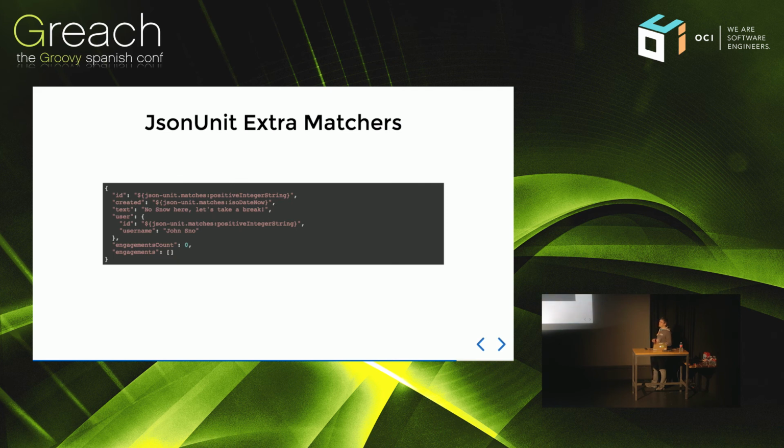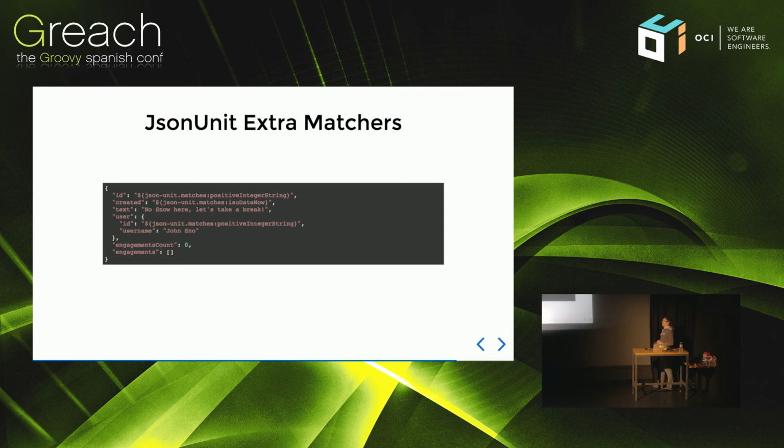So usually just a couple of milliseconds before. I think the limit is actually 1 hour, just to be sure. But you can also use a regular ISO date. Positive integer string, because many times you can just render the ID, but it could be a string, it could be a number, whatever. And you have the input, you have the expected output. You don't do any matching in the code.